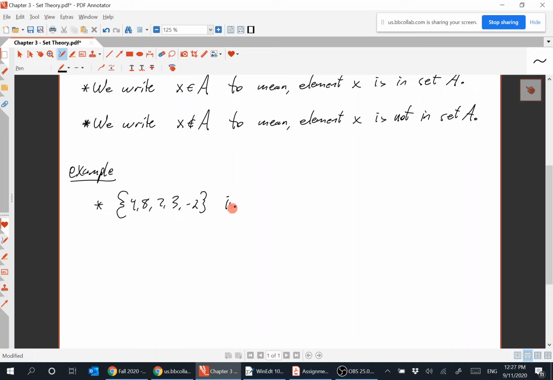So this is the set containing 5 elements: 4, 8, 7, 3, negative 2, in no particular order.